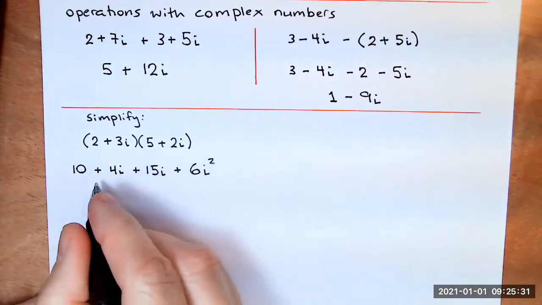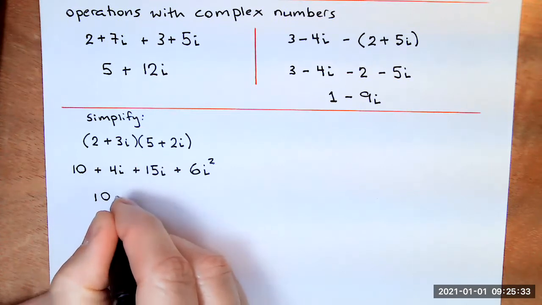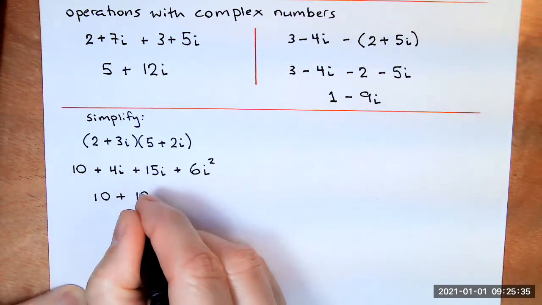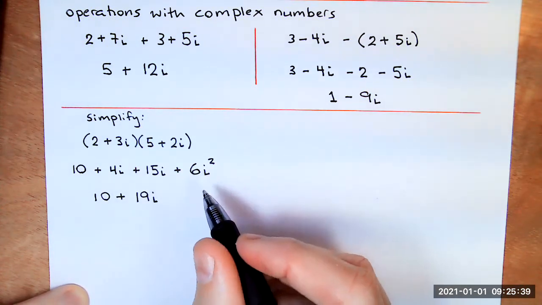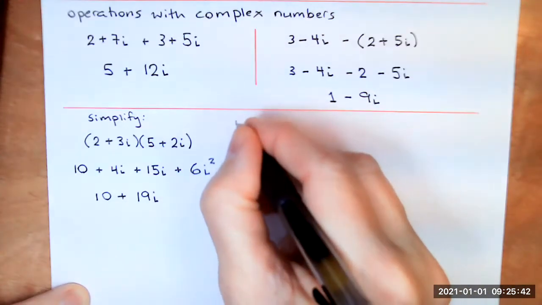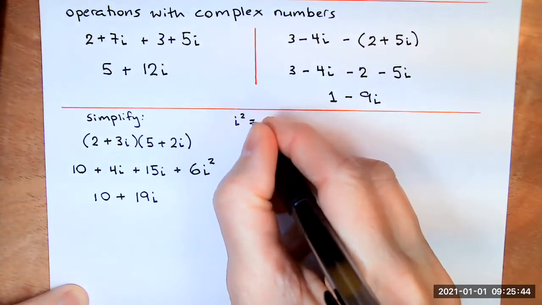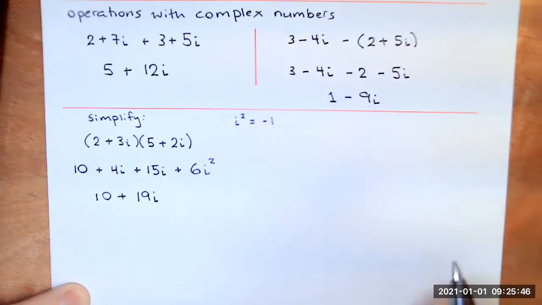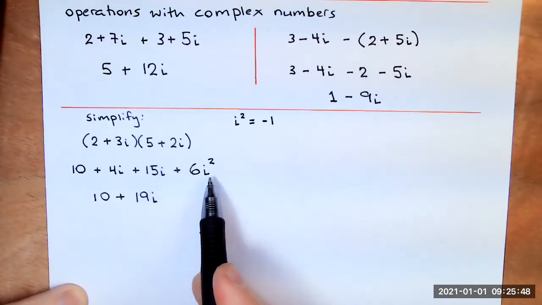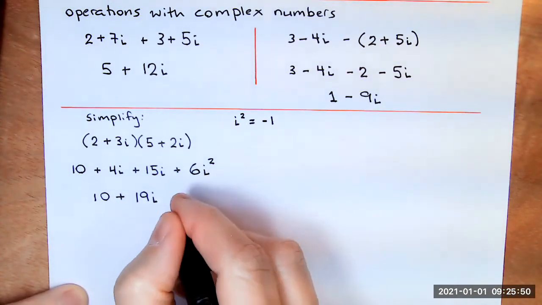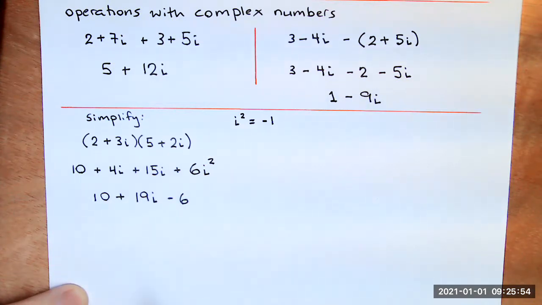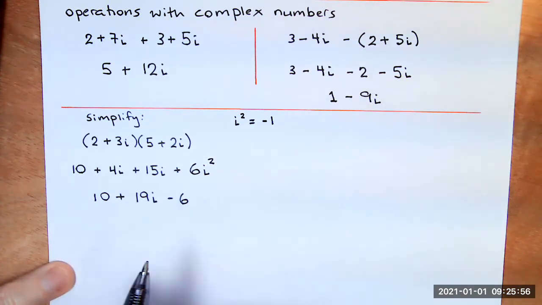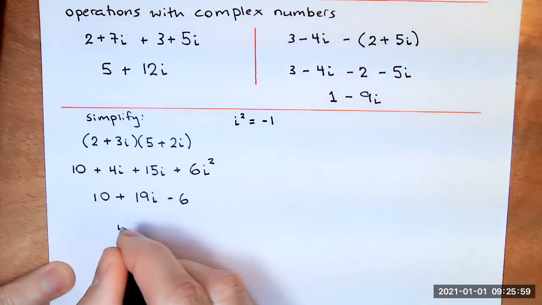So we can combine like terms. And anytime you have i squared, you want to use this fact to simplify it. That i squared is negative 1, so 6i squared is 6 times negative 1, so that's minus 6. Positive 10 and negative 6 make 4.